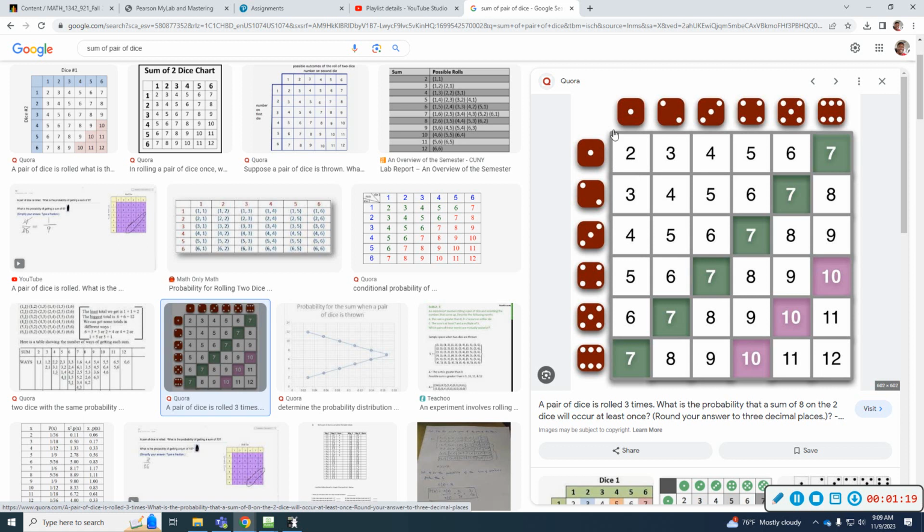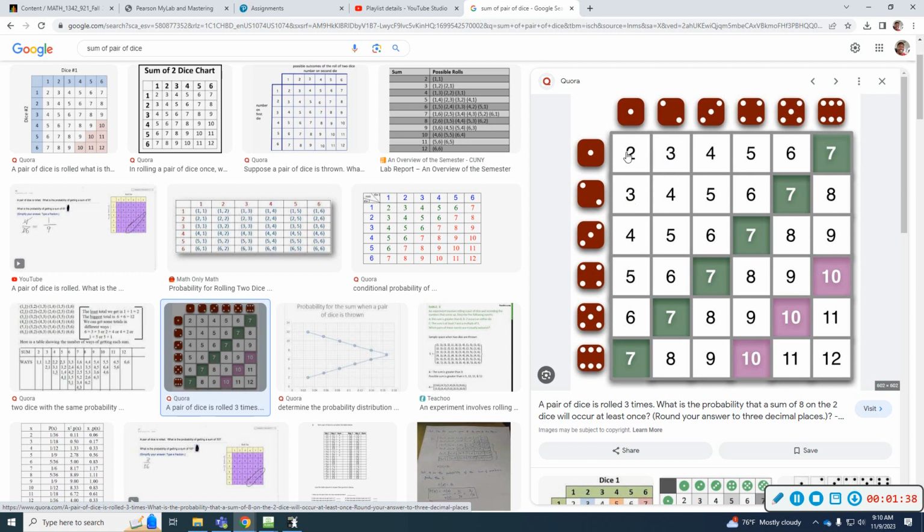So if you roll both ones, you get a 2, so you add up the sum. If you roll a 1 on the first dice and then a 2 on the second dice, you get a 3. Or you could roll a 2 on the first dice and a 1 on the second dice. So there's 2 ways to get a 3.